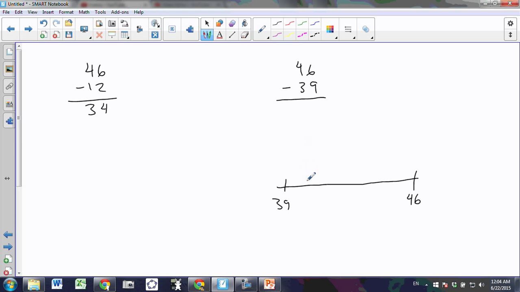How different are those two numbers? Well, 40 is right above 39, and there's 1 unit from 39 to 40, and then 46 is 6 more than 40. So the total difference is 7.